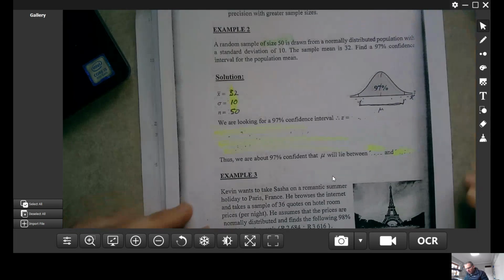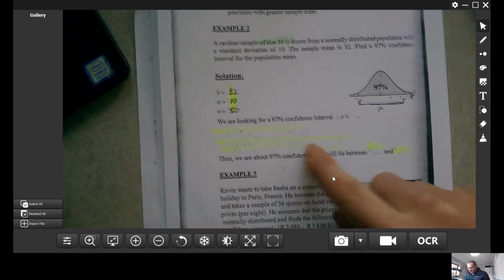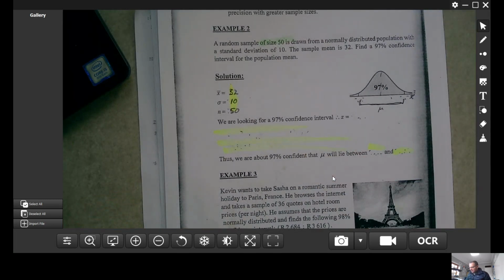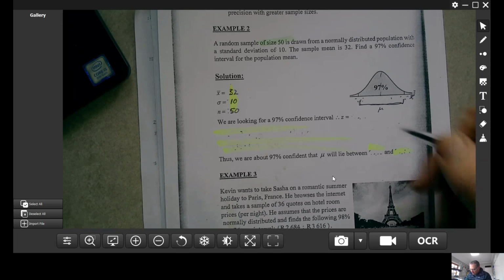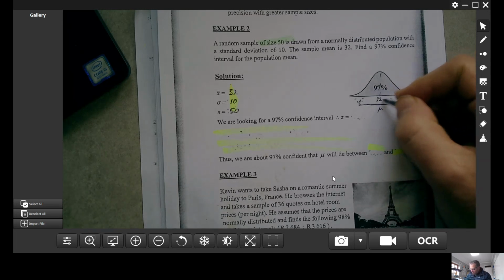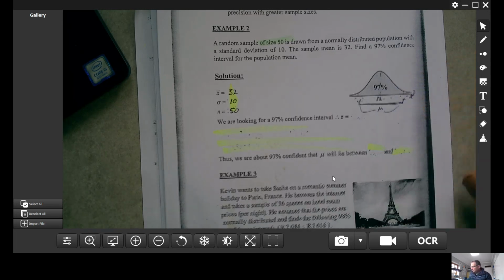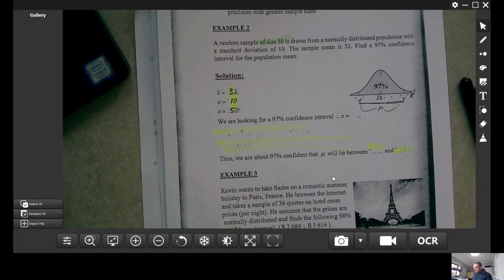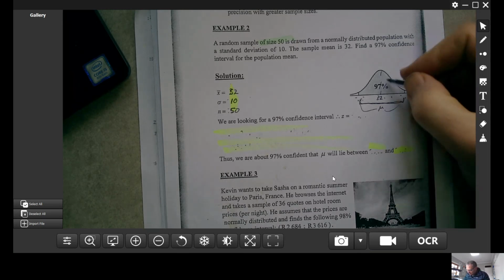This is a pretty straightforward one, and I'm working with 97%. Remember the sample mean here is 32. We want to see our error away from the mean for a 97% confidence interval. First thing, let's deal with the 97% confidence interval.